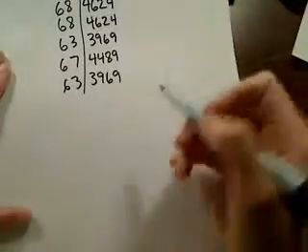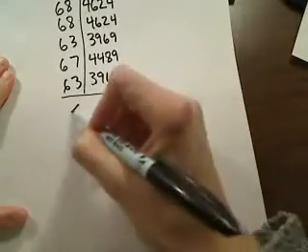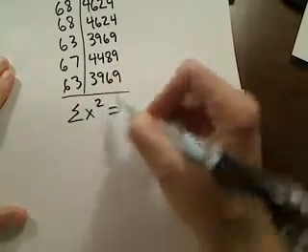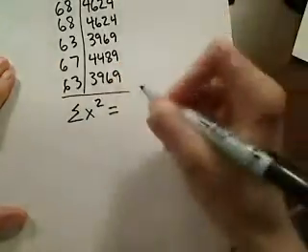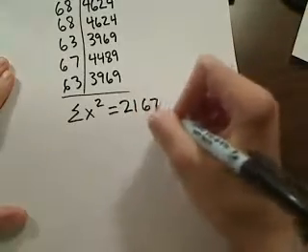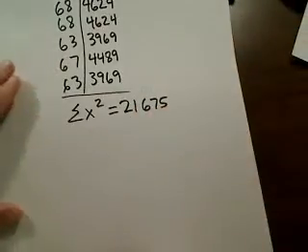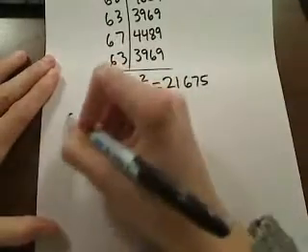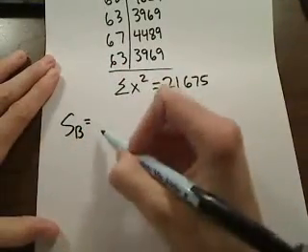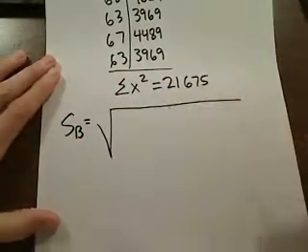Okay, and then sum of the x squareds. Summing this column right here, you end up with 21,675. And then we can plug these values in, calculate our standard deviation for sample B.